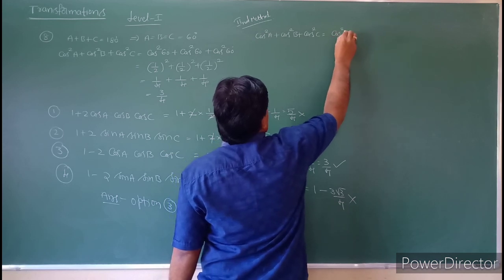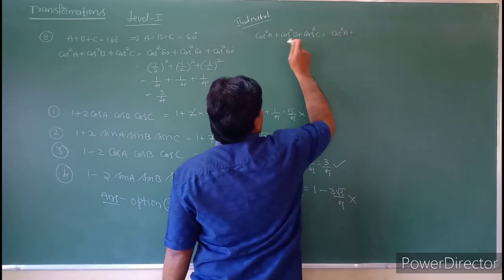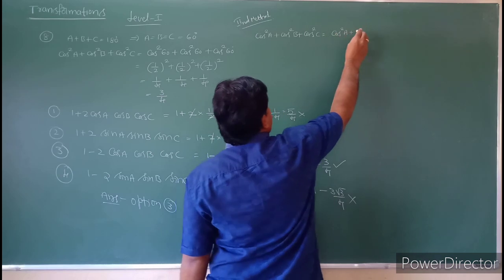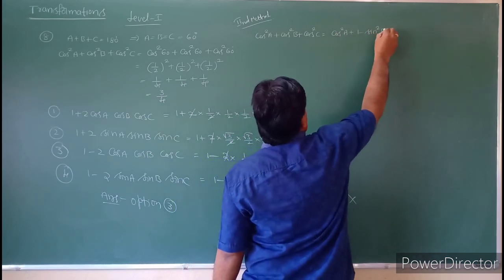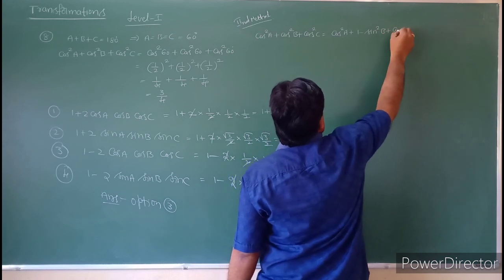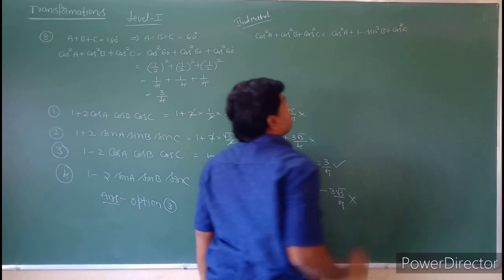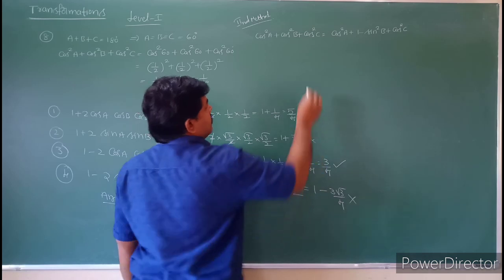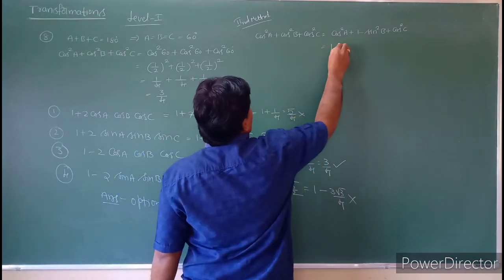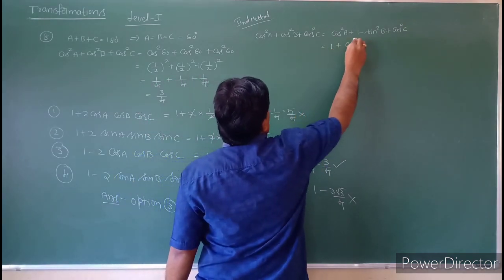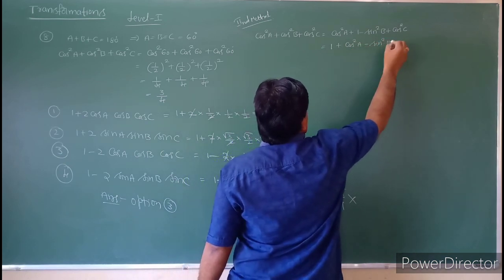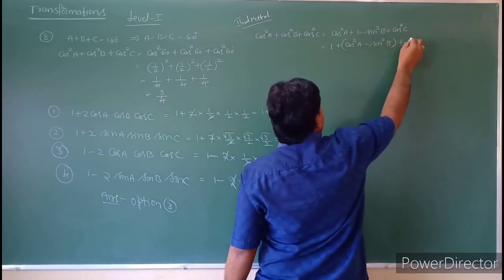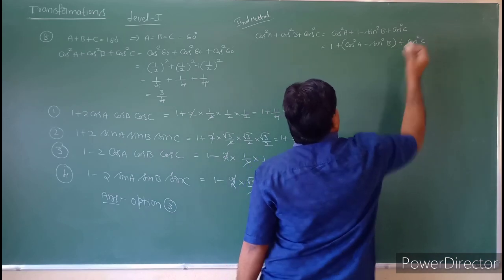Cos square A plus, this cos square B I will change to 1 minus sine square B, plus cos square C. That is 1 plus cos square A minus sine square B plus cos square C.